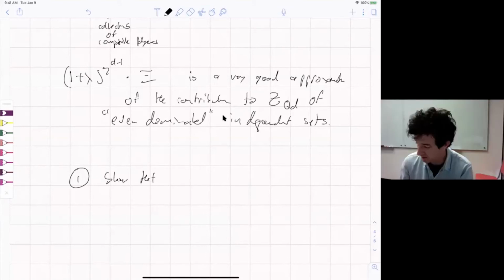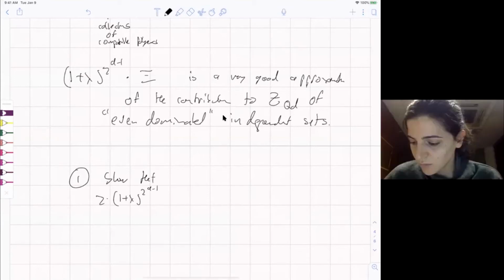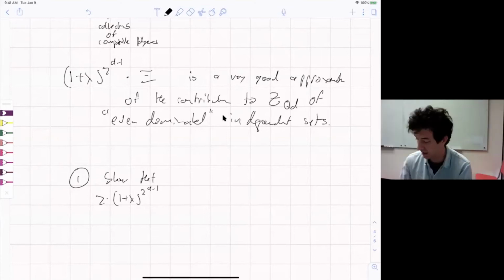So we want to show that (1 plus lambda) to the 2^(d-1) times 2, 2 for the even and odd, times this polymer model partition function is a good approximation to the full partition function.